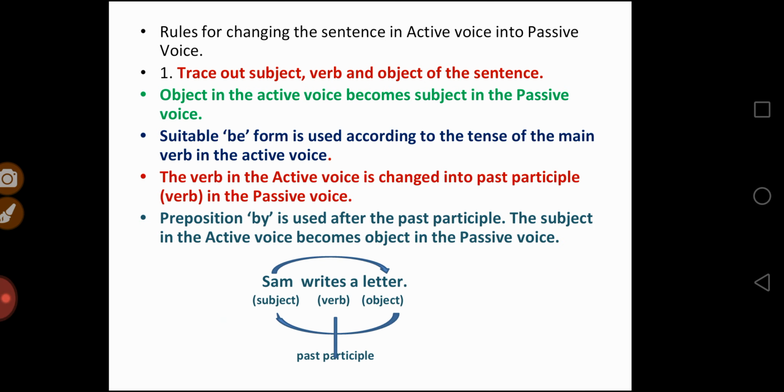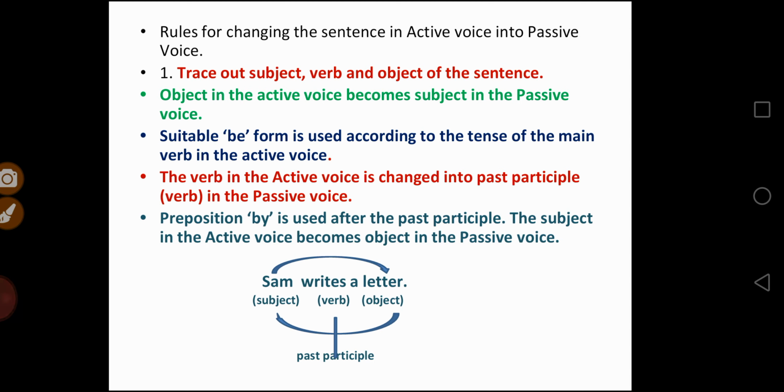Rules for changing the sentence in active voice into passive voice. Firstly, trace out the subject, verb and object of the sentence. Next, the object in the active voice becomes the subject in the passive voice. Thirdly, a suitable be form is used according to the tense of the main verb in the active voice.